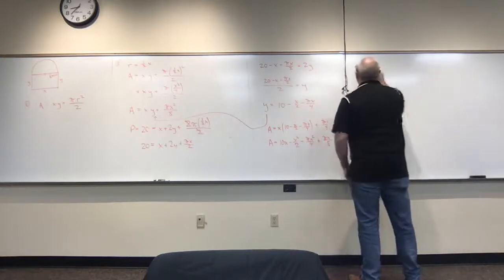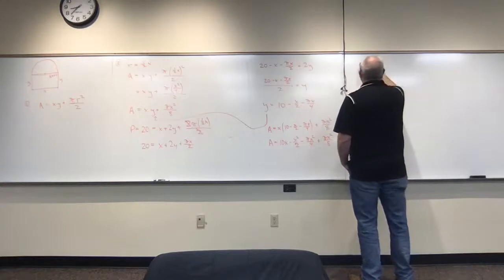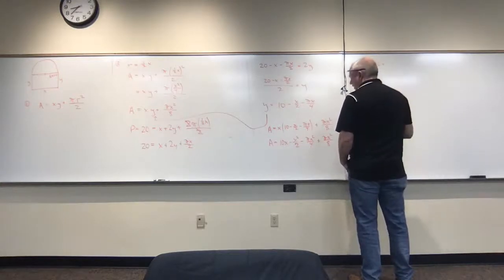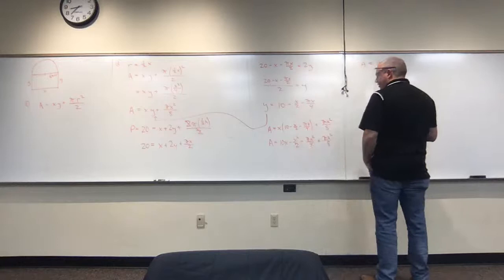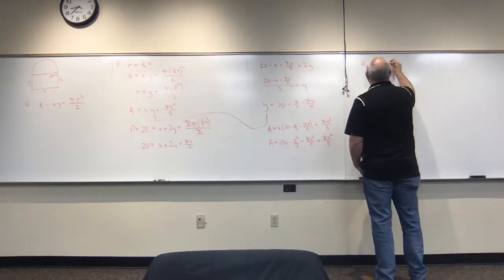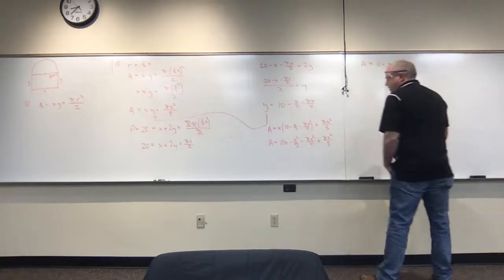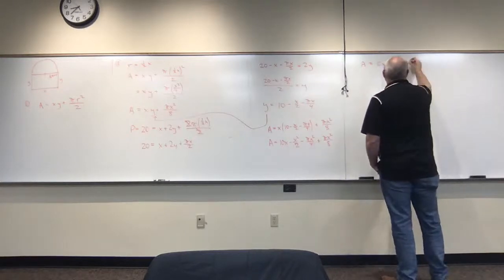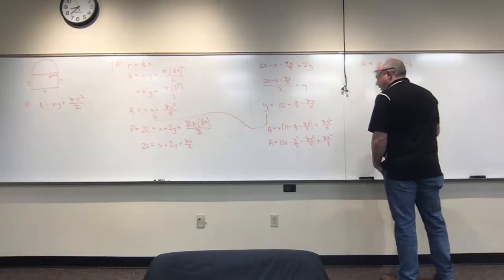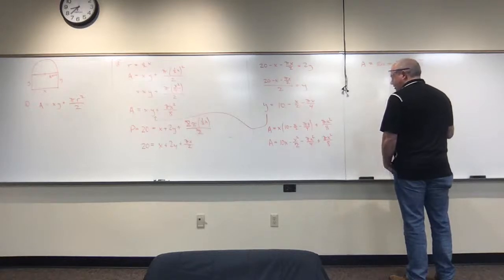So I get the area. Still haven't done any calculus yet, but area is 10x, and then I'm going to factor out the x squared, and I get plus x squared times minus 1/2, minus pi over 4, and plus pi over 8.